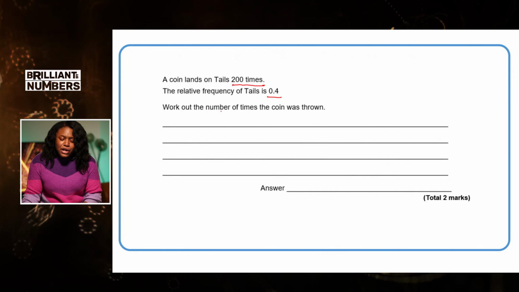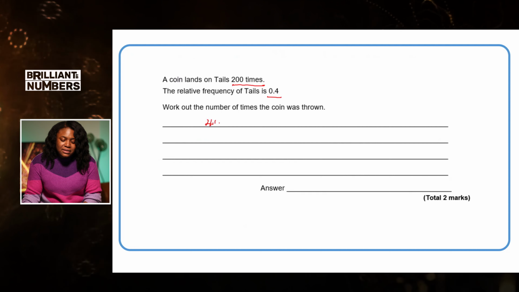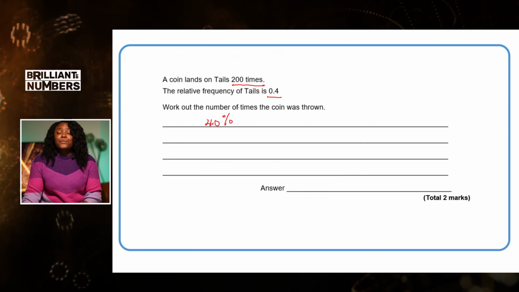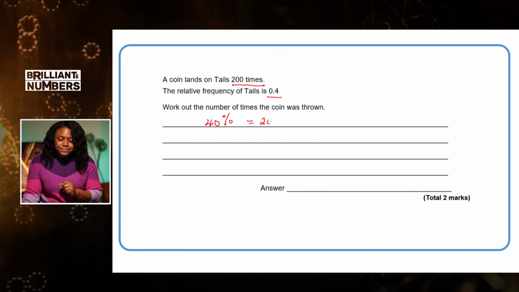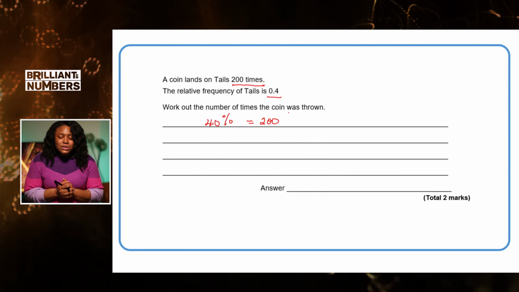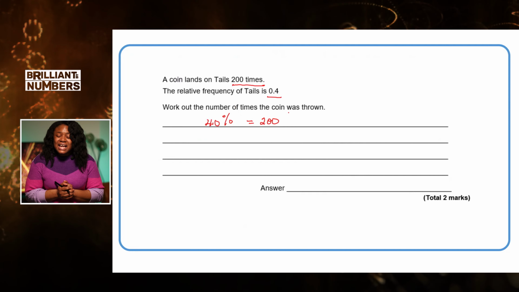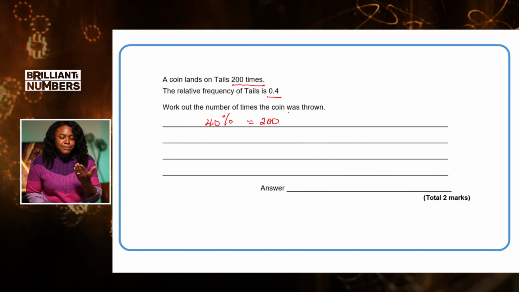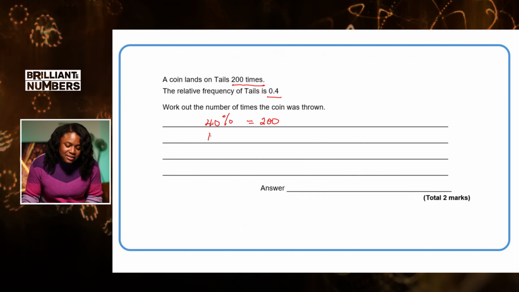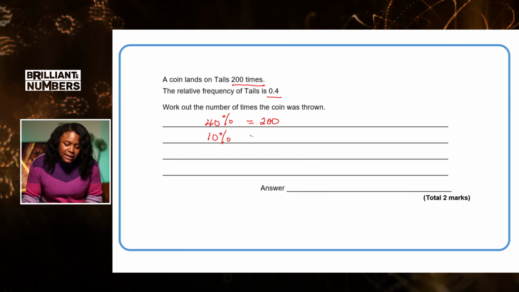Okay, so we know that 40% is the same as 0.4. So 40% represents 200. Now, from 40%, we could go ahead and find 10%, a very good reference point all the time. So 10%. Let's work out how do we get 10.